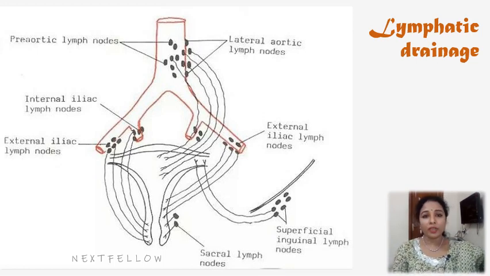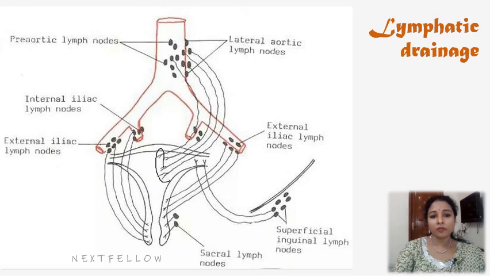Next, about the lymphatic drainage: the fundus and the upper part of the body drain into pre-aortic and para-aortic lymph nodes. We can see here the fundus and upper part of the body drain into para-aortic or lateral aortic lymph nodes or pre-aortic lymph nodes, along lymphatics that travel along the ovarian vessels.